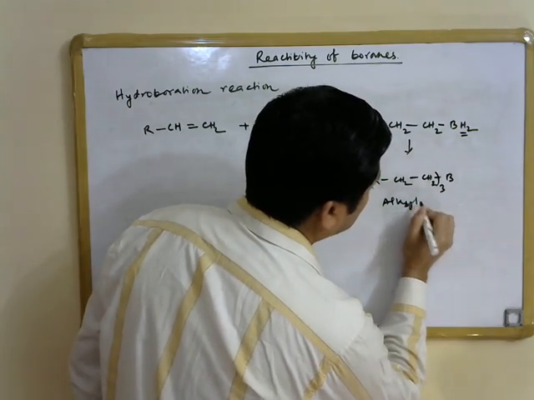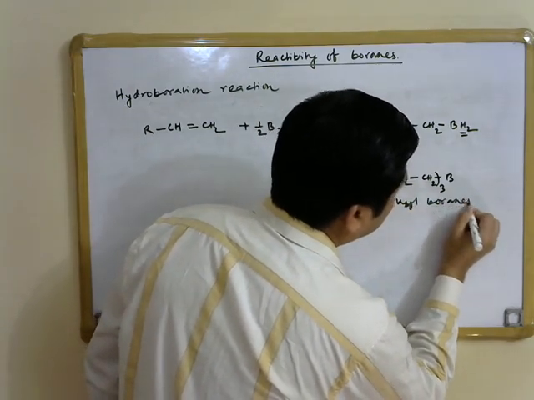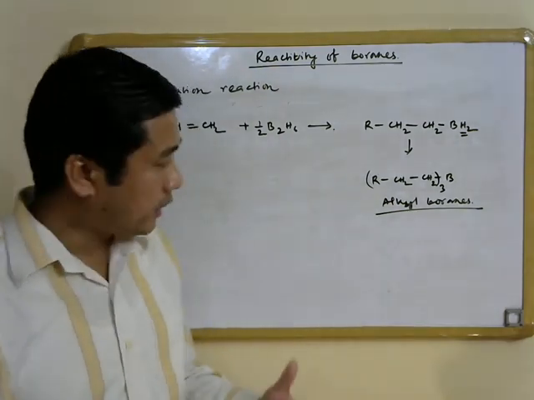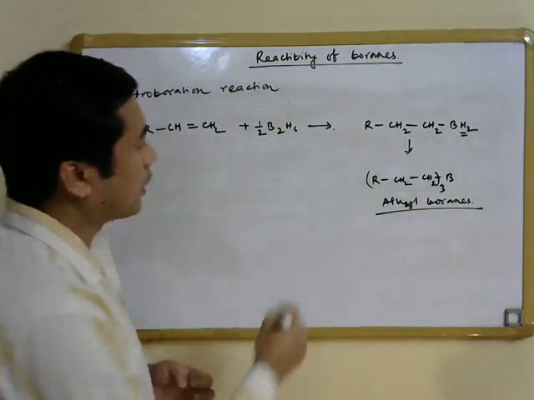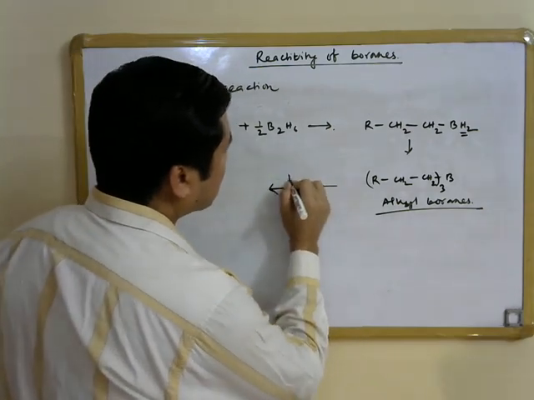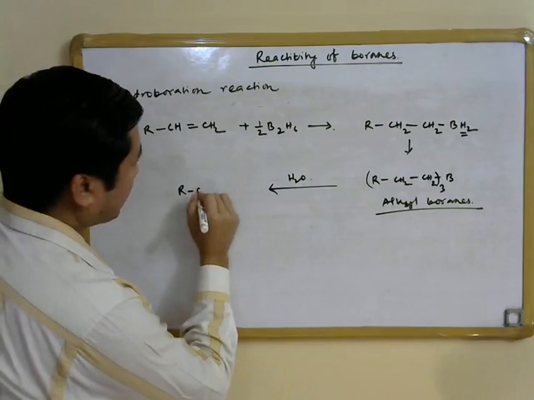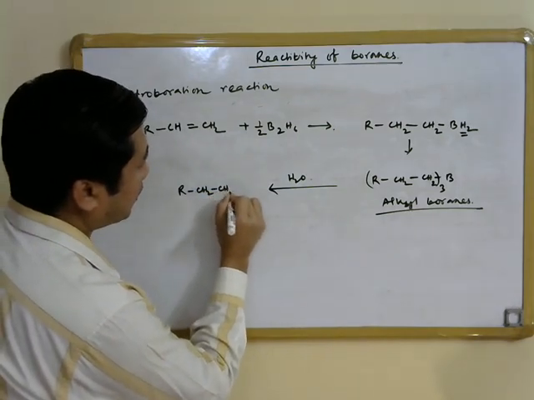This sort of a product is essentially obtained, or this sort of alkyl boranes are obtained. Now, alkyl boranes themselves are important synthetic reagents in organic chemistry, but when we do hydrolysis of these alkyl boranes, we are going to obtain the corresponding alcohol.